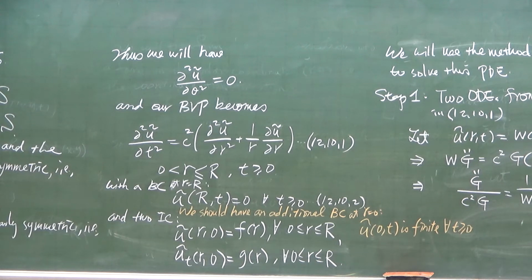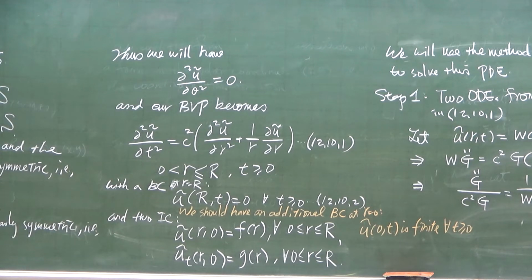This implies that W double prime plus 1 over r W prime plus mu W equal to 0. So this is called 12.10.5.